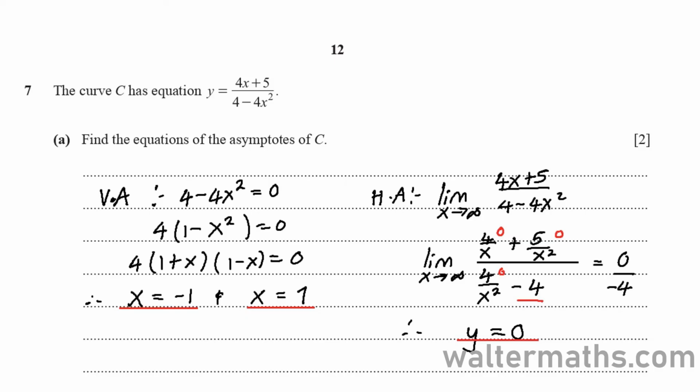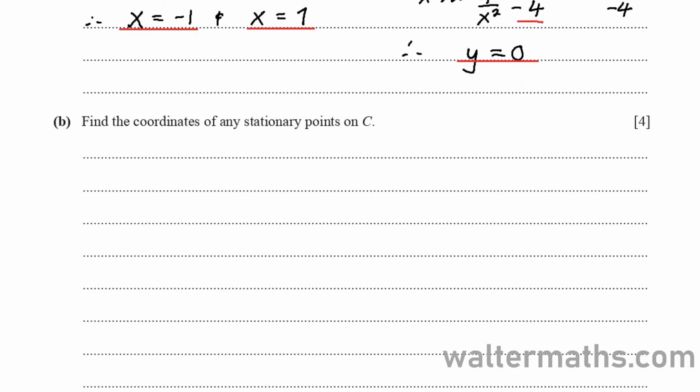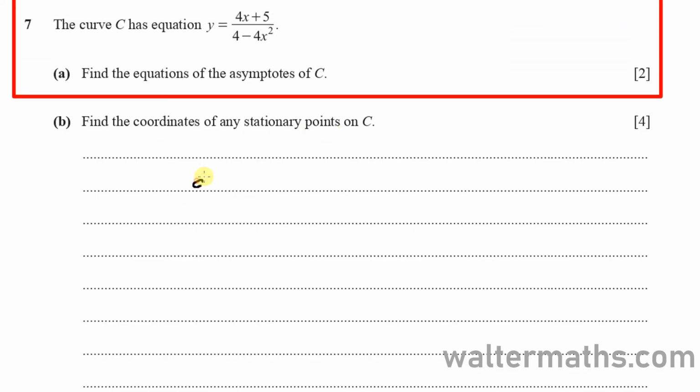Let's go on to part B. Find the coordinates of any stationary points on C. Right, so for the stationary points, we will say dy/dx is equal to 0.